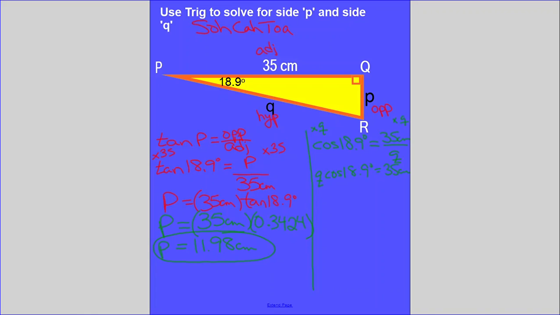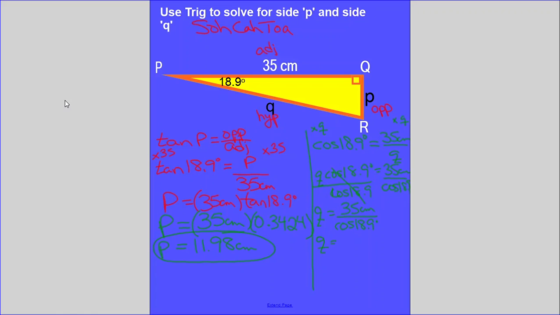Here I could multiply when I was solving for P in the other one, but for Q in this case I have to divide by the cosine of 18.9 so I can get Q by itself. So really Q is equal to 35 centimeters divided by the cosine of 18.9 degrees.